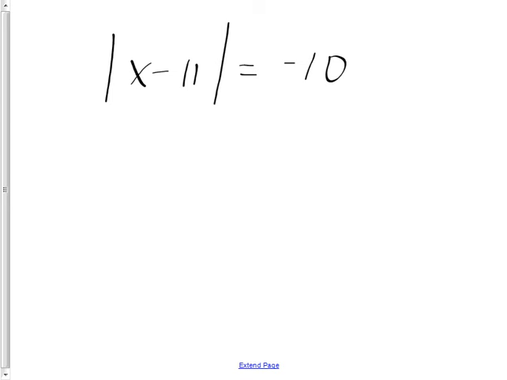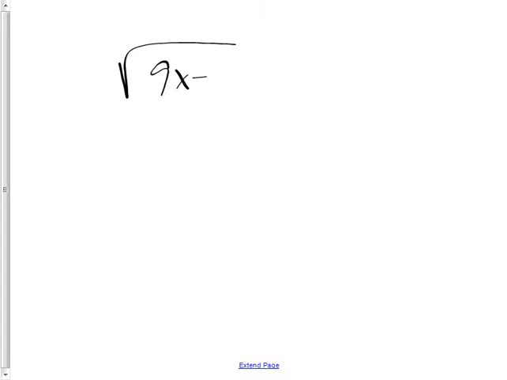There we go. No solution. Why? Can't be negative. Excellent. That's an easy point. All right, next one. Now, be careful. Just because it has a negative on the x, that doesn't mean there's no solution.